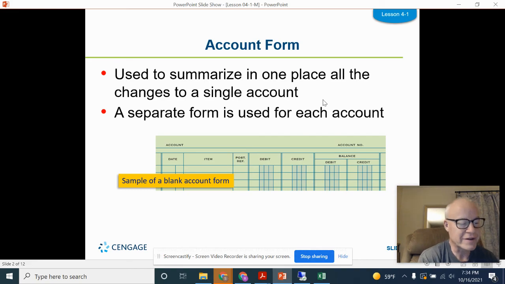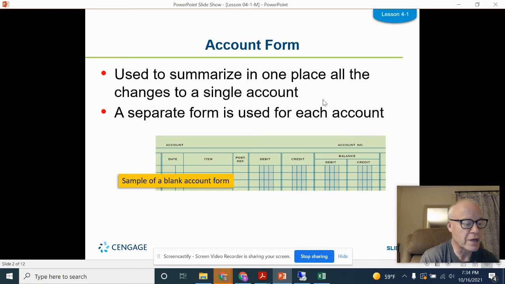And each account title used for recording entries in that chart of accounts is part of a group of accounts arranged in specific numeric order. And we'll look at that again when we look at the chart of accounts. And also that post reference section you see on the blank account form here.